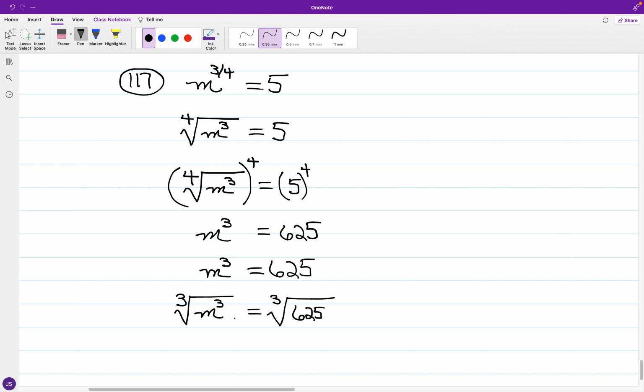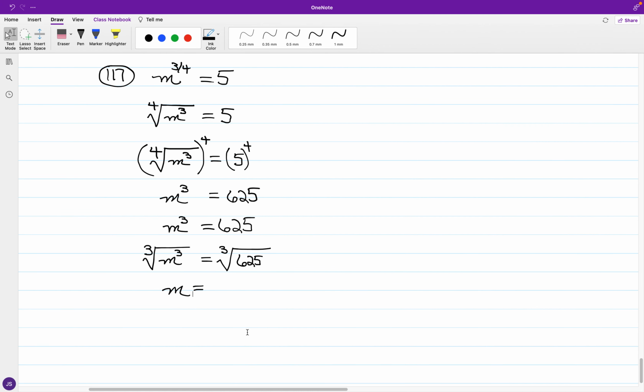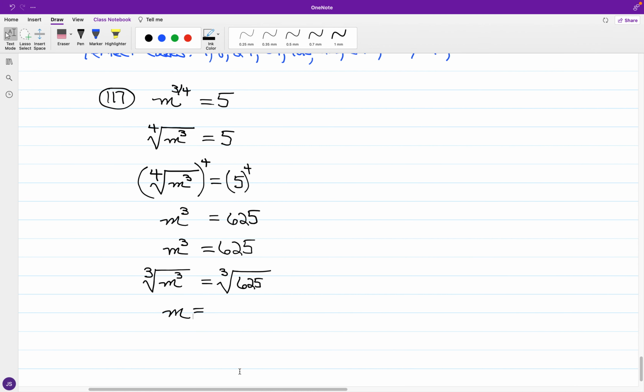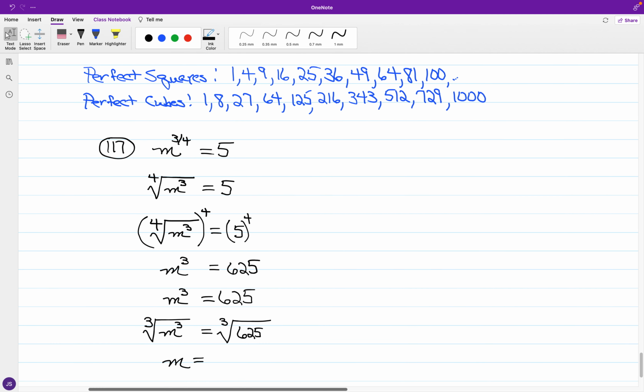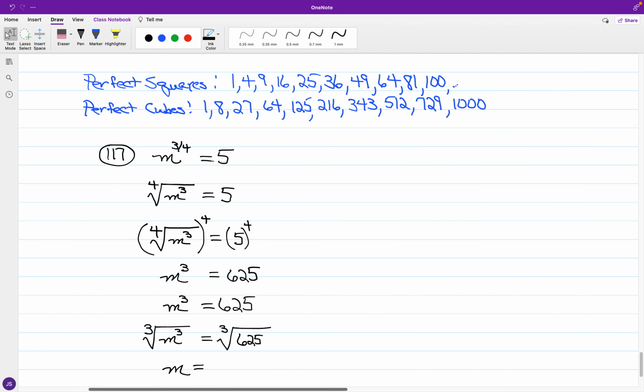Now the cubic root of m to the third will go to m. Now for the cubic root of 625, technically 625 would be a perfect square, but it is not among the perfect cubes that you have.